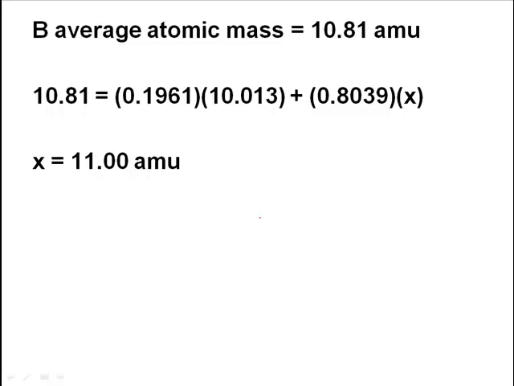So boron's average atomic mass is 10.81. So 10.81 equals the percentage, the 0.1961, times 10.013 given to us, plus this unknown percentage that we calculated, times x, which is unknown. So with boron being 10.81, that's 11.00 AMU for this second isotope. That would be the answer.